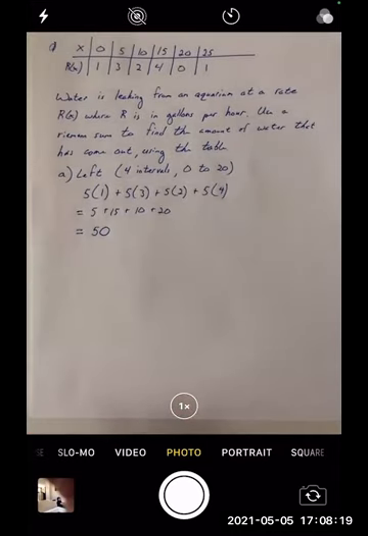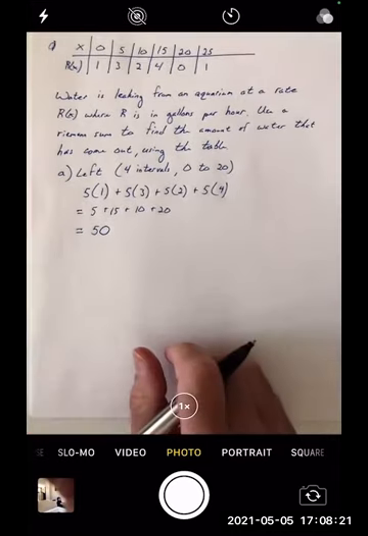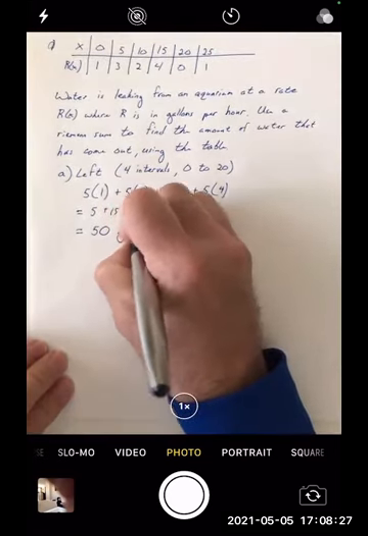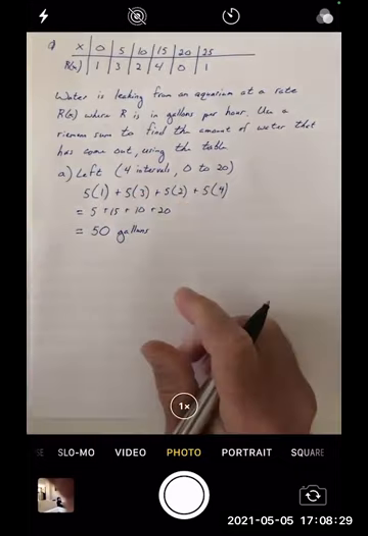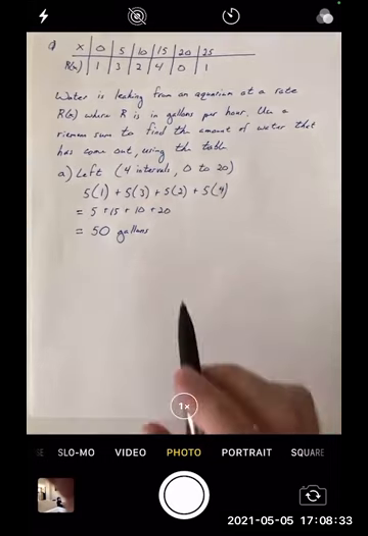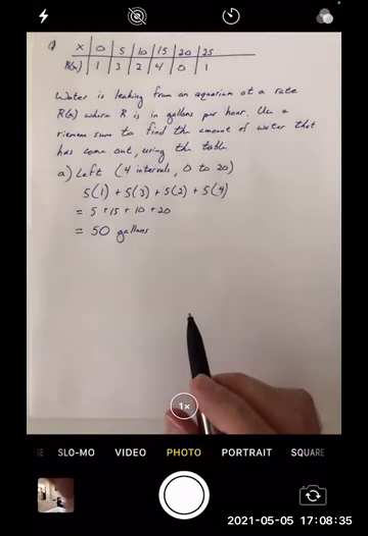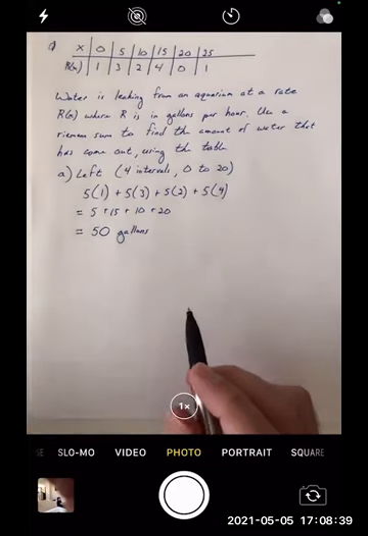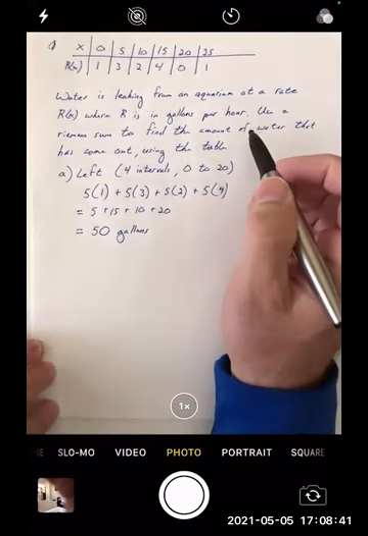And then what are the units? Gallons. Or is it gallons per hour? It's just gallons because it's the sum of everything over the time.